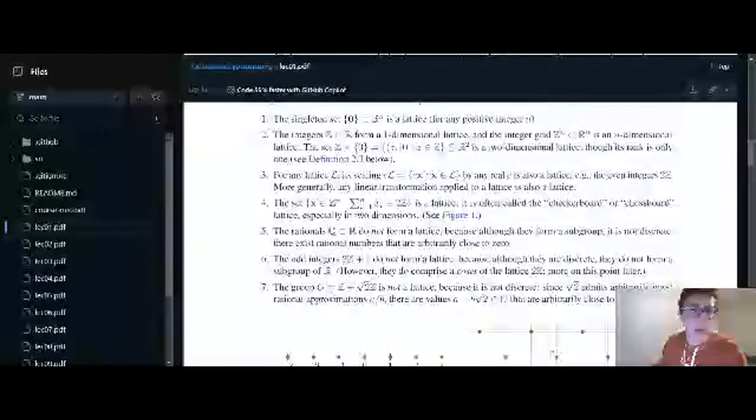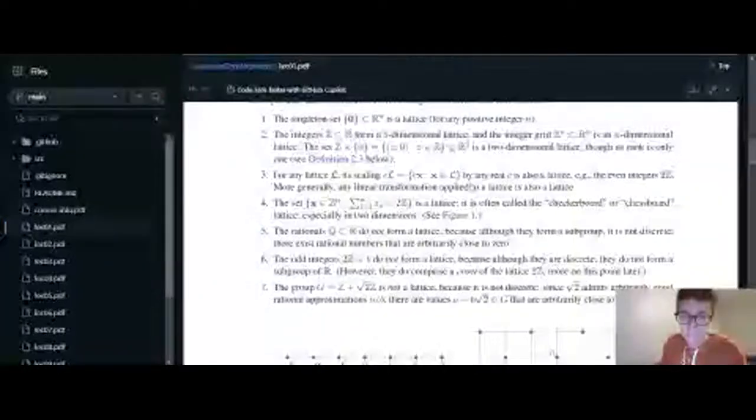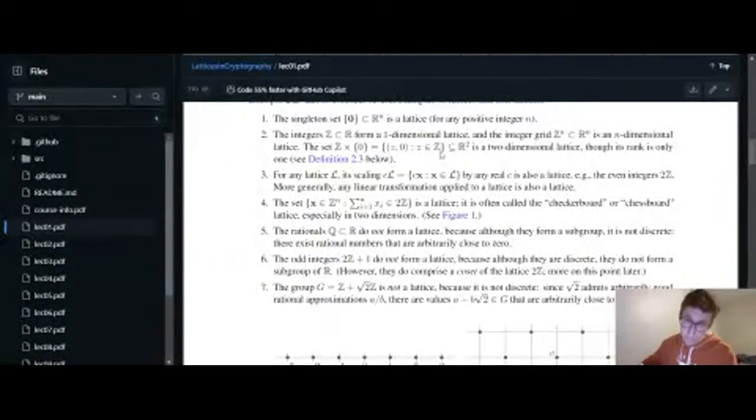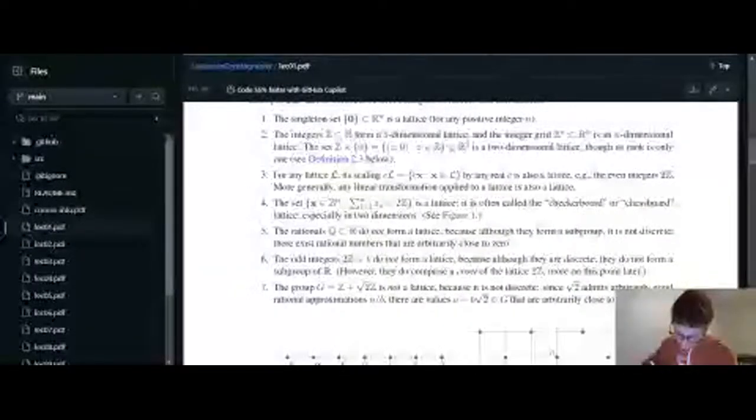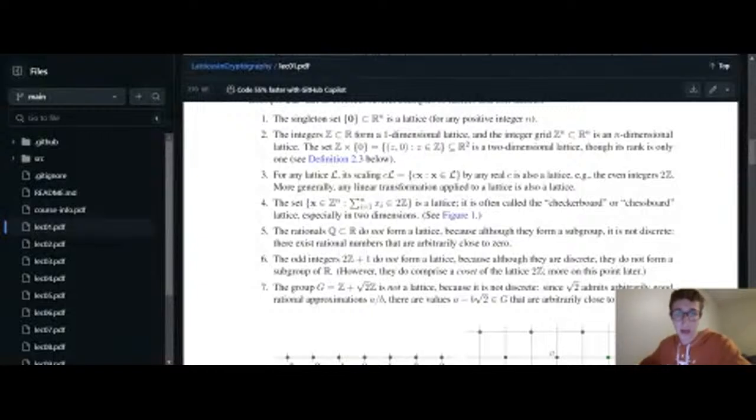And using that, let's actually analyze. Let's write this down. Any scaling.